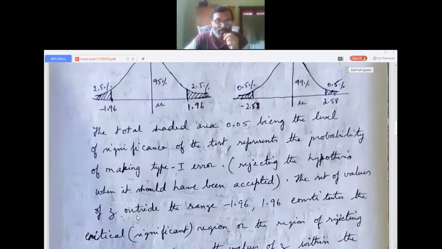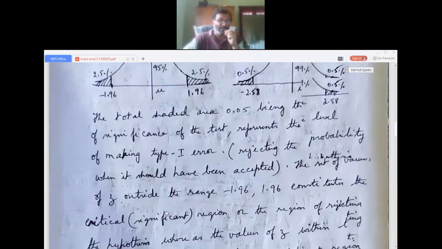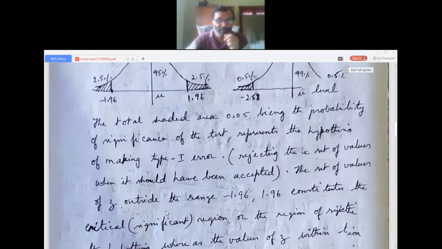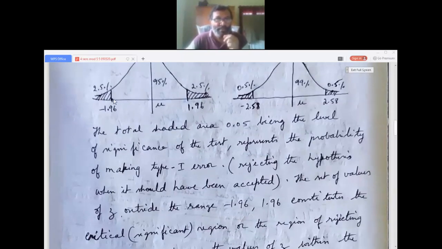The set of values of z outside minus 1.96 and plus 1.96 constitutes the critical region, which is also called the significant region.